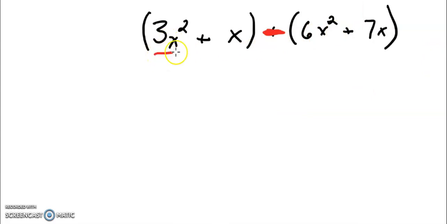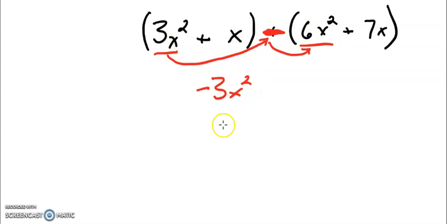Well, then we're still looking for like terms, but then we subtract. It's this 3x squared minus this term. So 3x squared minus 6x squared, 3 minus 6, we get negative 3x squared. And then we have this 1x here minus 7x. So 1 minus 7, negative 6x.